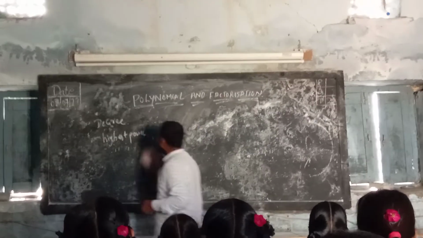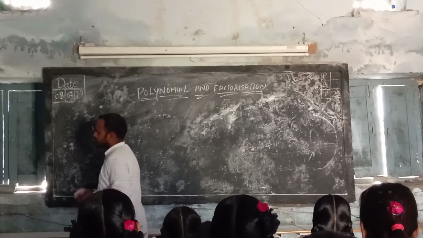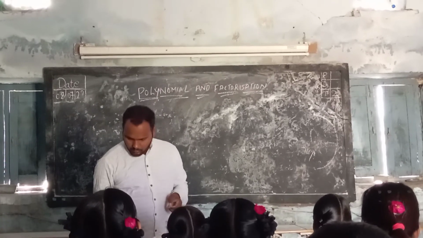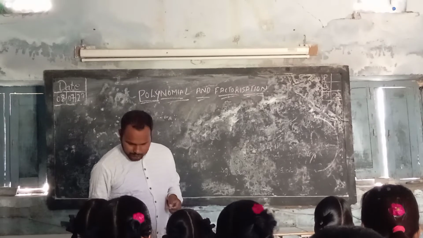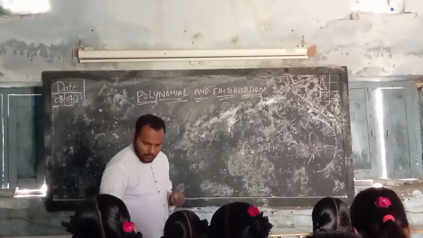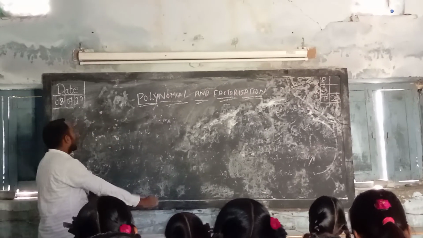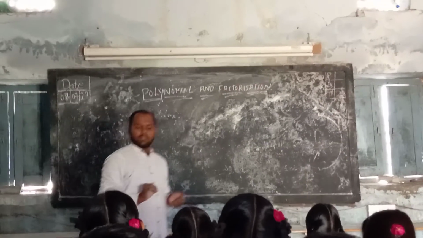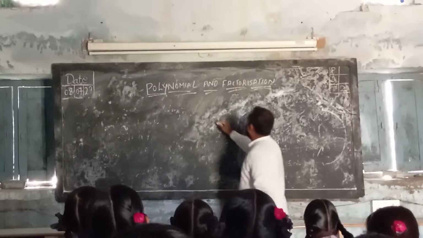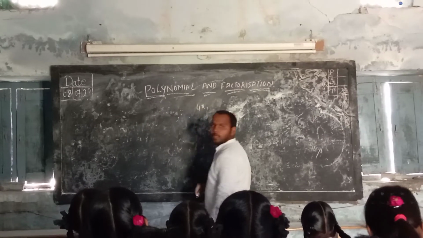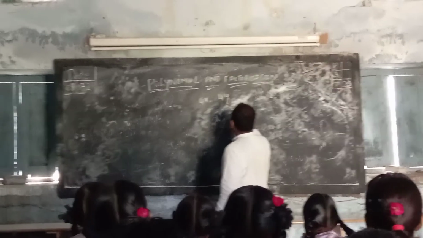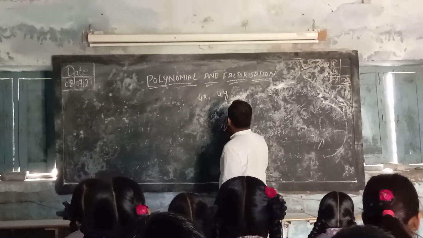Now try to understand. We are taking polynomials in one variable, it means a single variable. 4x, 4y, x square, x power 4, 2x.